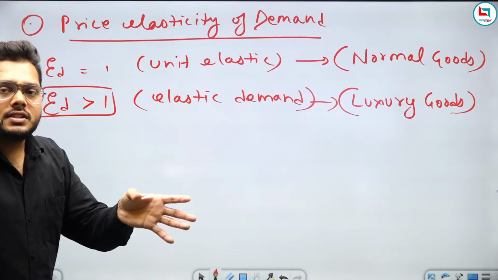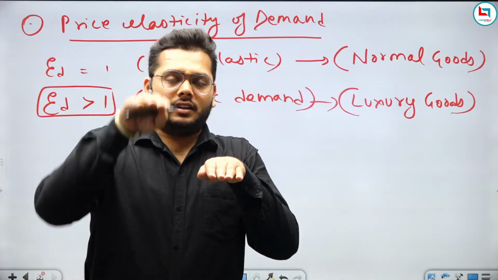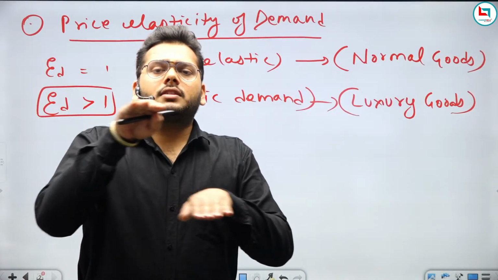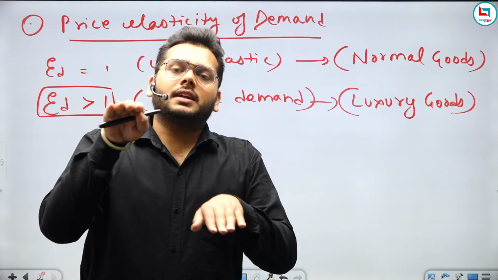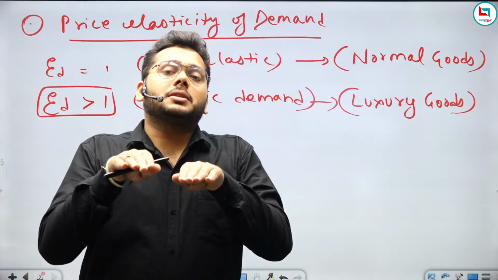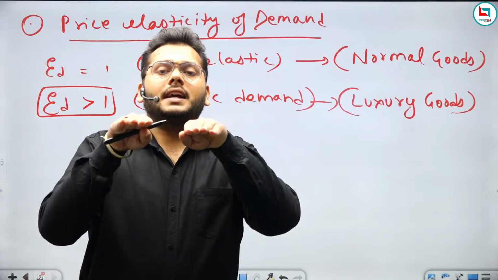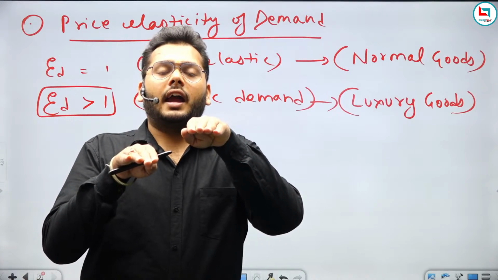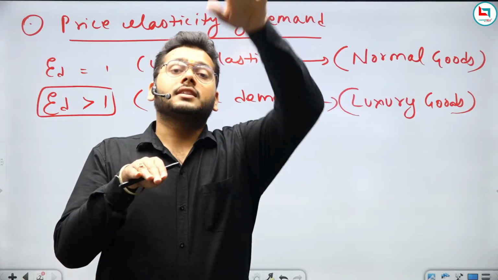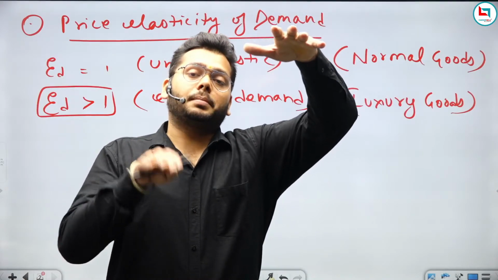If there is an equal change in the price and an equal change in the demand, the answer will be 1. But if the price changes this much and demand changes this much more, it means demand is changing comparatively higher than the price.